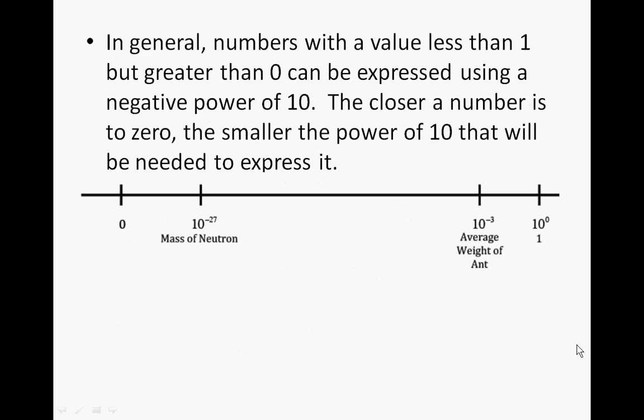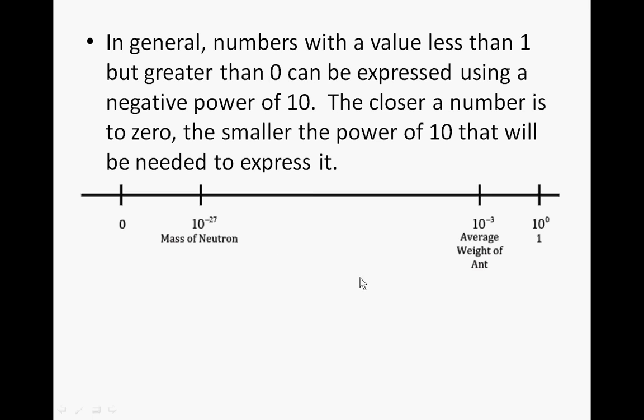In general, numbers with a value less than 1 but greater than 0 can be expressed using a negative power of 10. The closer a number is to 0, the smaller the power of 10 that will be needed to express it.